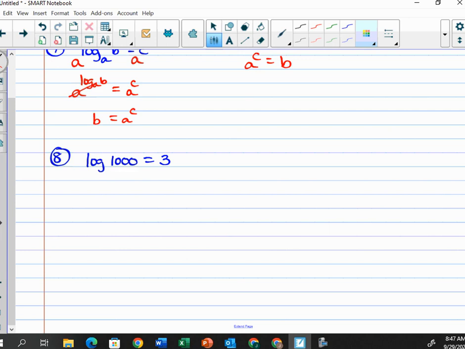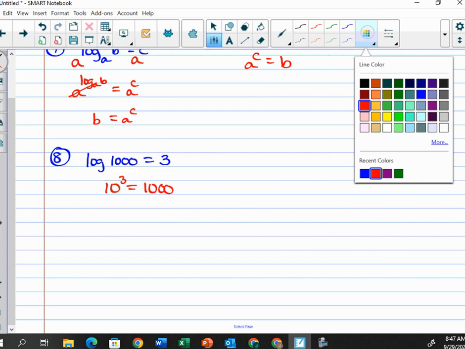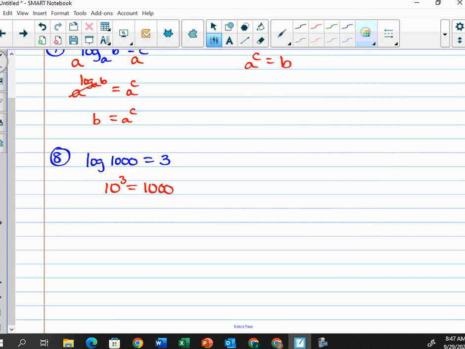So this is 10 to the what equals what? They're easier when it's actual numbers because you can actually evaluate it. One more. Let's do log base 4 of 1 over 64 equals -3.